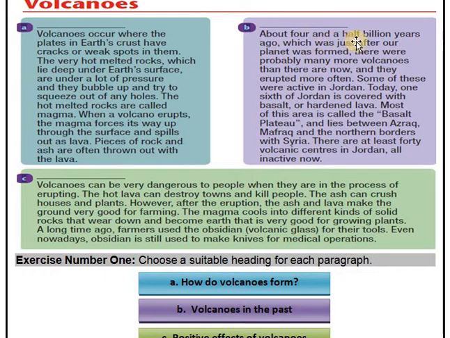Now let's see B. About 4.5 billion years ago, which was just after our planet was formed, there were probably many more volcanoes than there are now, and they erupted more often.